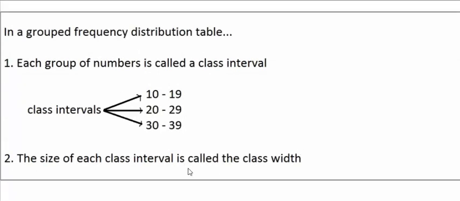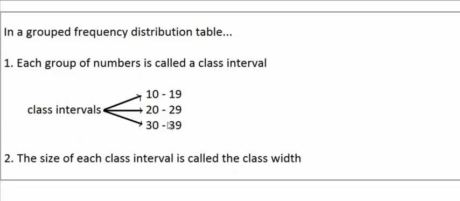The size of each class interval is called the class width of the table. If we look at each of these class intervals, like 10 to 19, 20 to 29, 30 to 39, notice how each one of them covers 10 numbers, because there are 10 numbers between 10 and 19, 10 numbers between 20 and 29, and 10 numbers between 30 and 39.